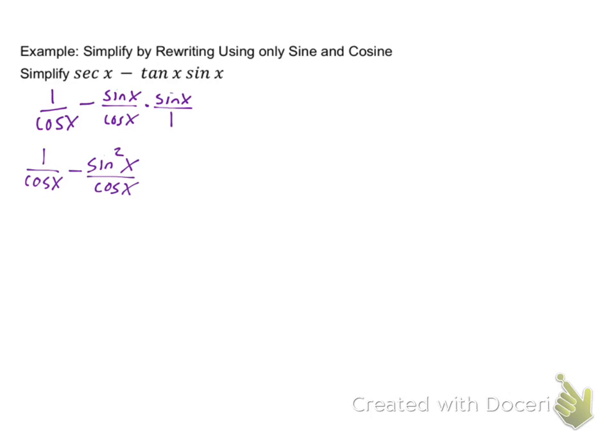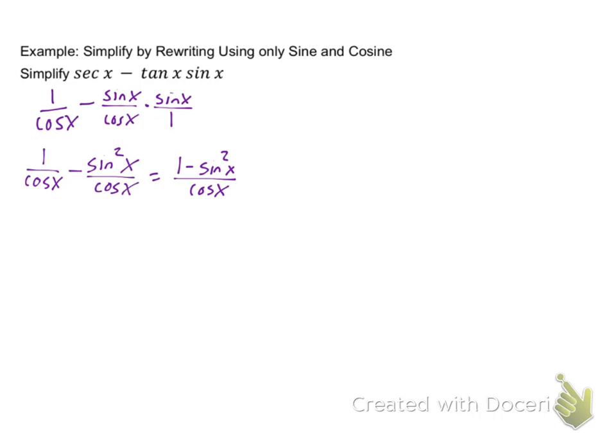Now I have a common denominator, and I need that. So when I put those together with the common denominator, isn't that just 1 minus sine squared x all over cosine x? I'm not done. You might be thinking, hey, everything's in sines and cosines, yeah?